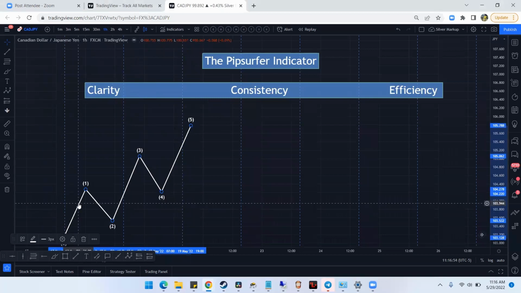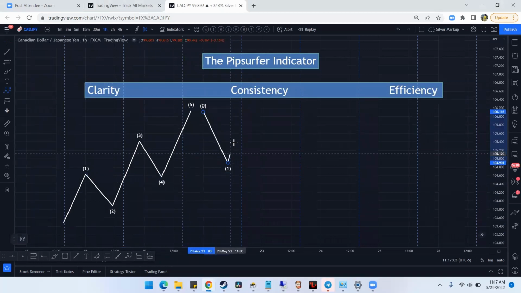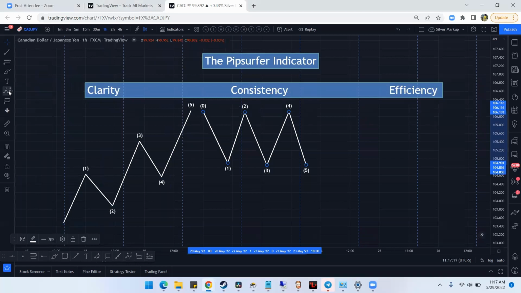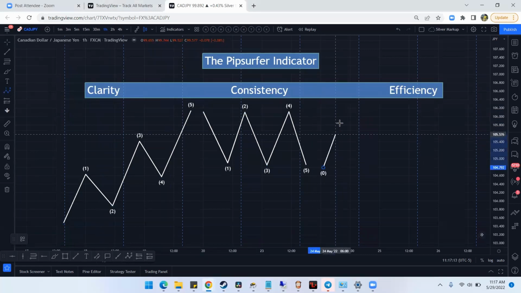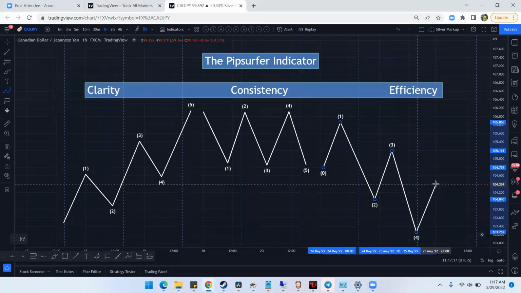In an upward trend, you have higher highs and higher lows. In a sideways trend, you have equal highs and equal lows. And in a downtrend, you have lower lows and lower highs. So that's what you're looking at in those particular trends.